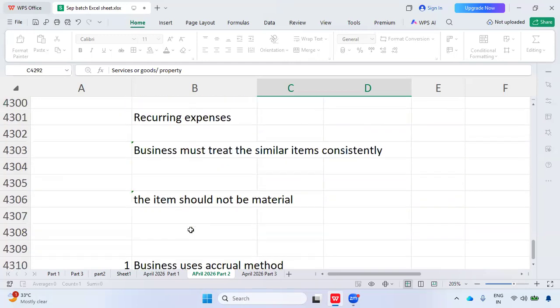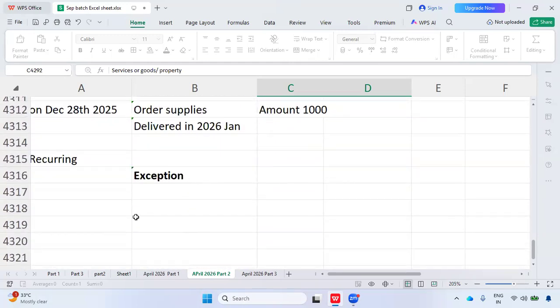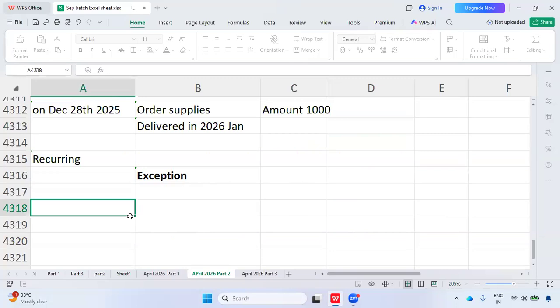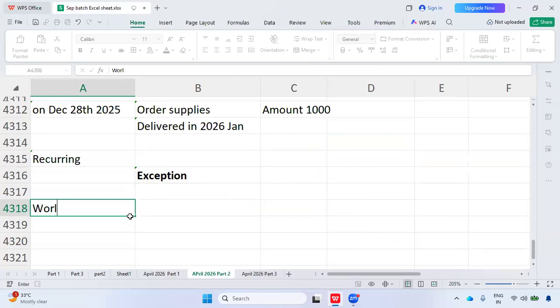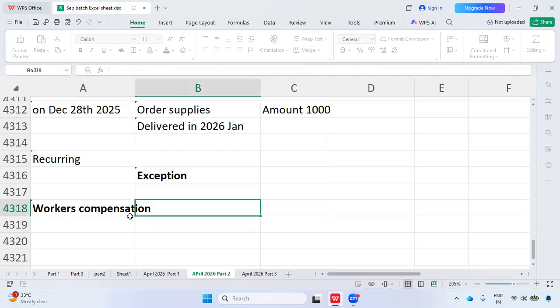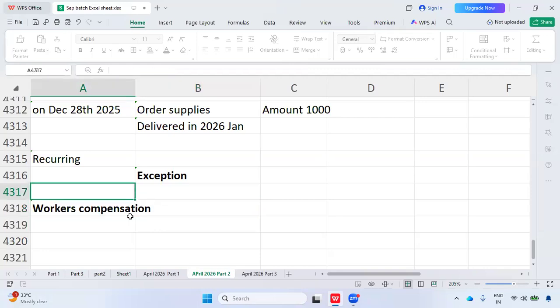Yes, we can use this rule, but we cannot use it for a few expenses, which are workers' compensation, generally salaries. In the case of salary, even though it is regular and the performance happened in the current year, we cannot claim it as an expense under this rule. For workers' compensation, we need to meet all the regular accrual basis rules.